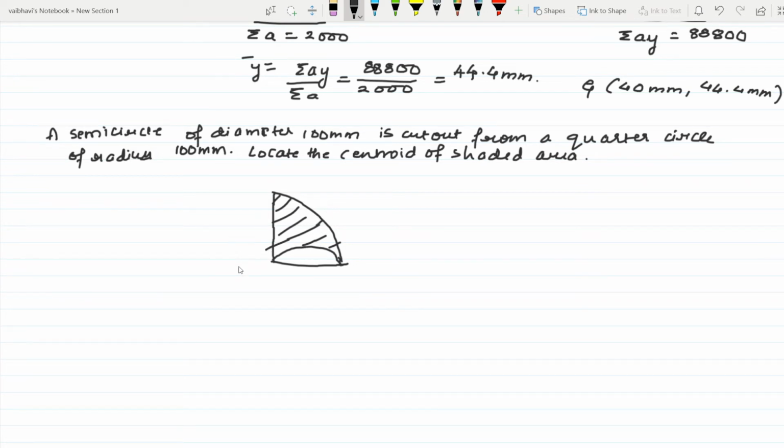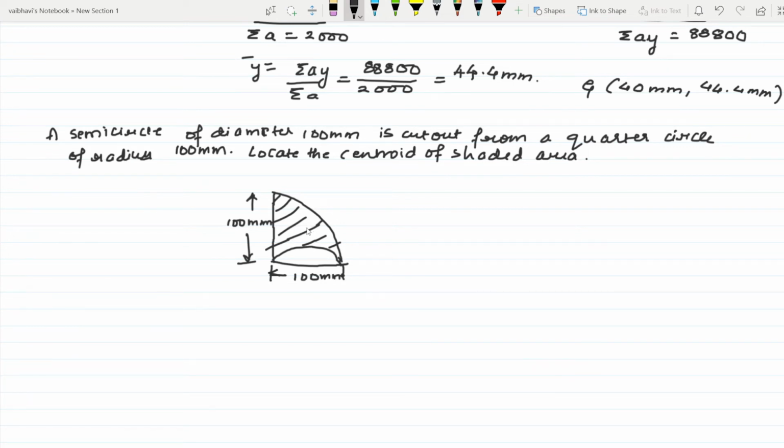Okay. So what they have given is the semicircle of diameter 100 mm. So this semicircle diameter is 100 mm. And they have given that the radius of the quarter circle is 100 mm. So this is 100 mm radius. This 100 mm. You have to find the centroid of this shaded portion.